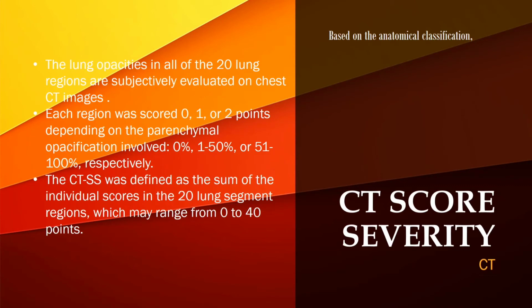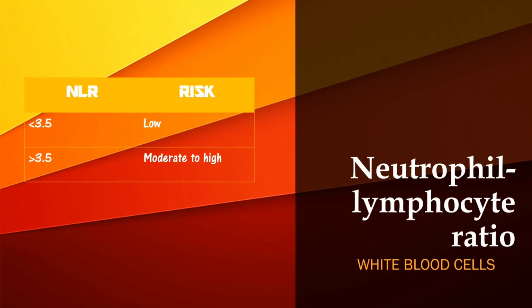The next investigation is neutrophil lymphocyte ratio. These cells are nothing but white blood cells, which often come in the role of fighting against any infections. The NLR is simply the number of neutrophils divided by the number of lymphocytes. Under physiological stress, the number of neutrophils increases while the number of lymphocytes decreases. Thus, NLR is not solely an indication of infection or inflammation.